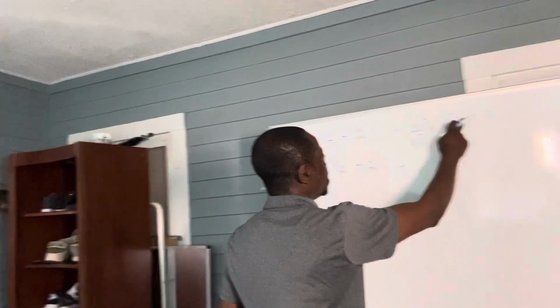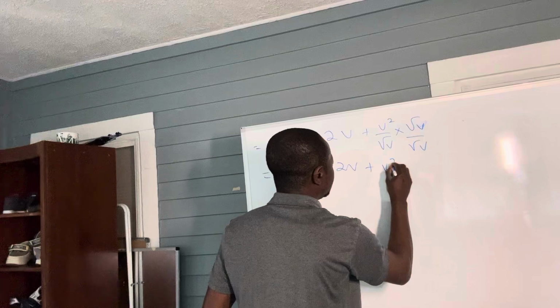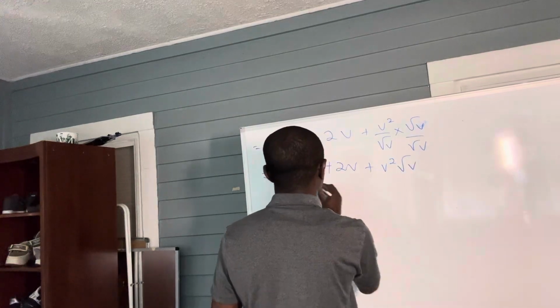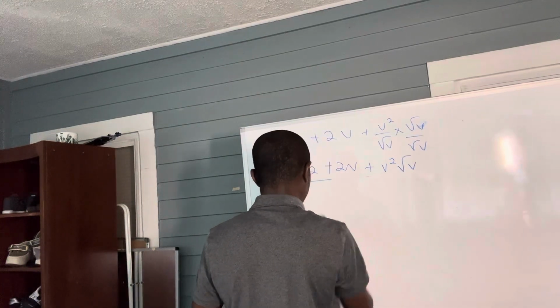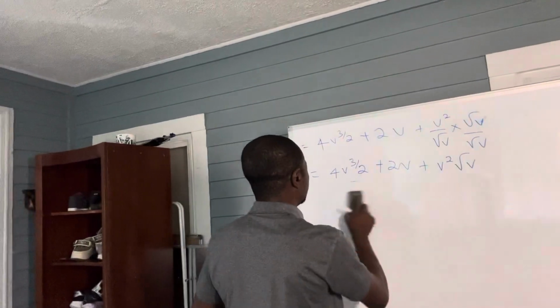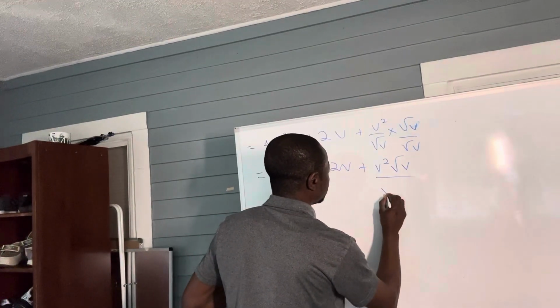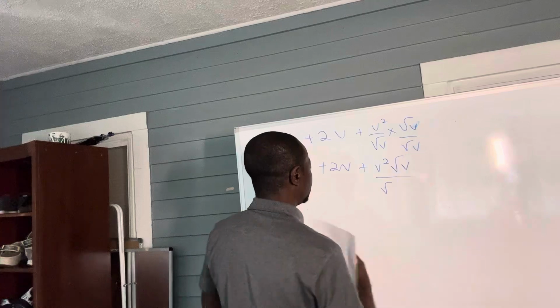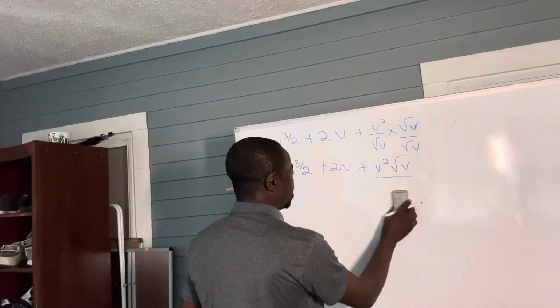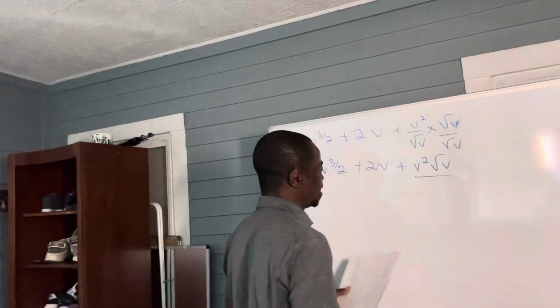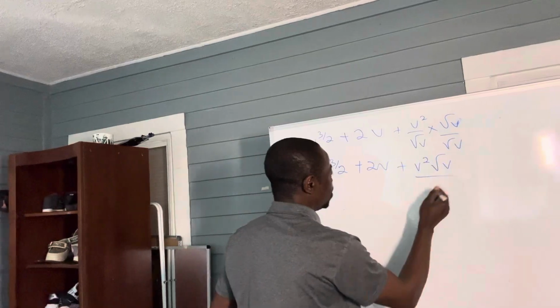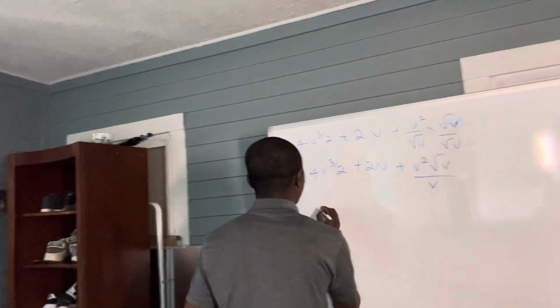So v squared times root v gives us v squared root v, all over square root of v times square root of v. Any root times itself gives us that number. So root v times root v will give us v.